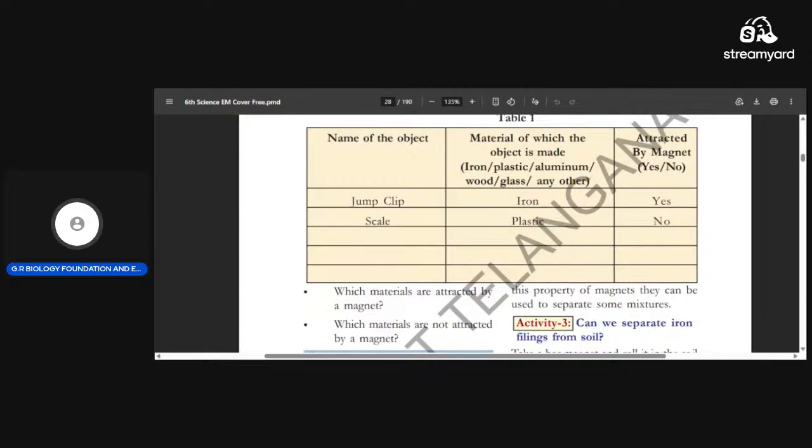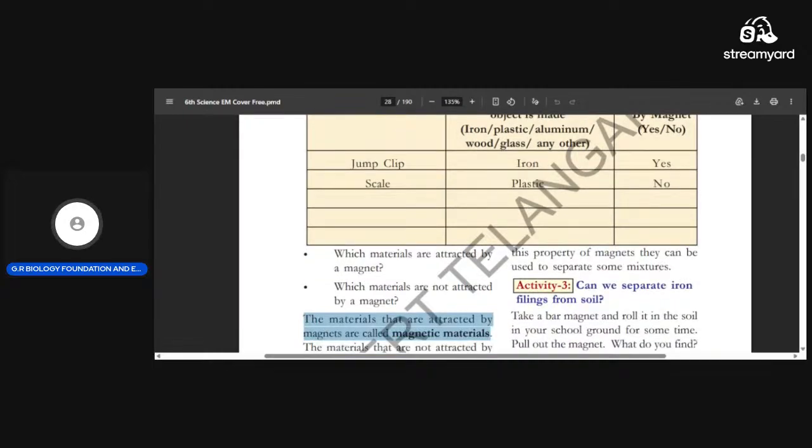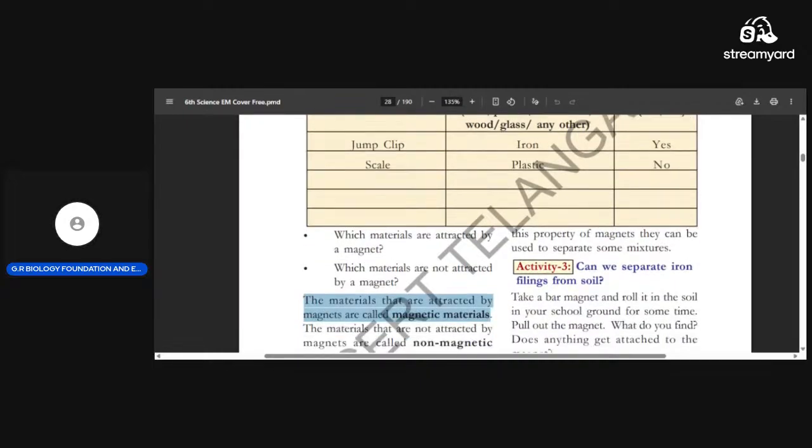Because of this property, magnets can be used to separate some mixtures. What mixtures? Iron objects mixed with plastic, glass, stainless steel, copper, aluminum. If these are all mixed and we use a magnet, from those mixtures we can collect only the iron objects. The remaining will all stay there itself. So a magnet is used to separate iron objects from mixtures.